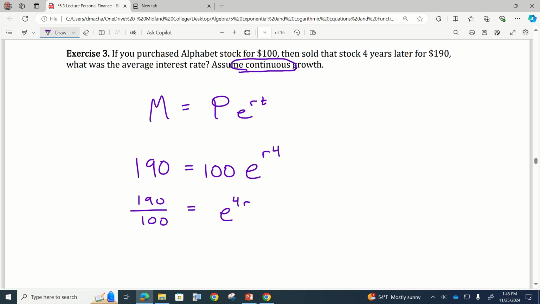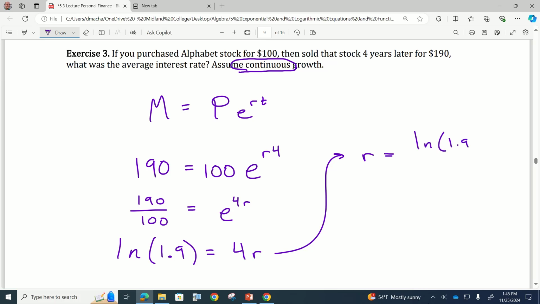To get rid of an exponent base e, I have to use the logarithm base e. And the logarithm with base e is the natural logarithm. 190 divided by 100 is 1.9, and I find out that my interest rate, R, is going to be the natural log of 1.9 divided by 4.